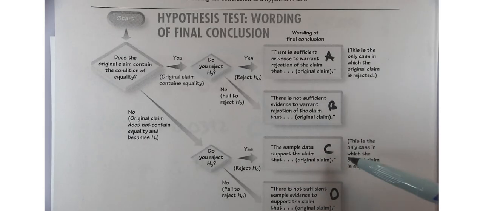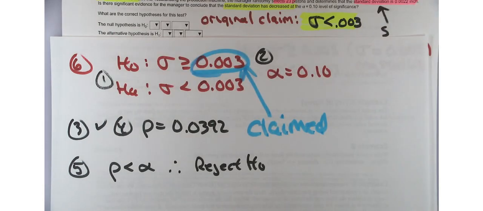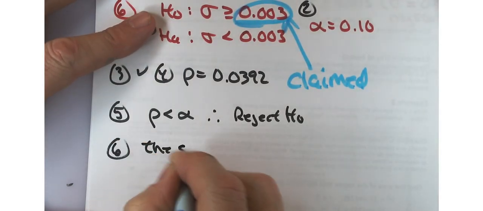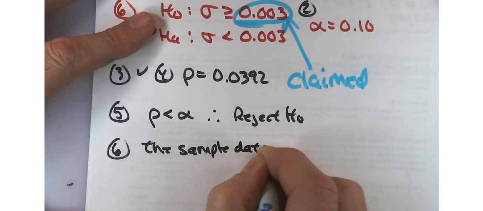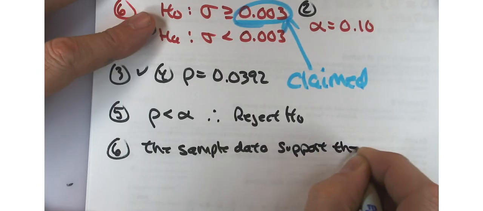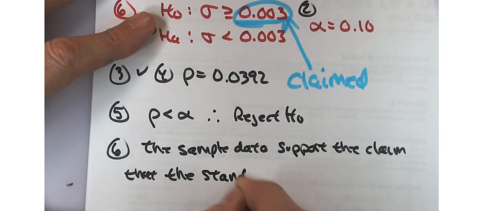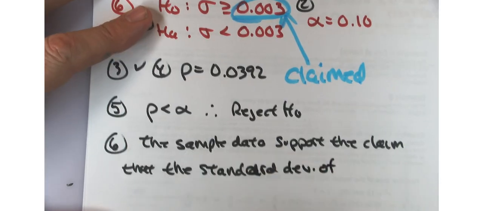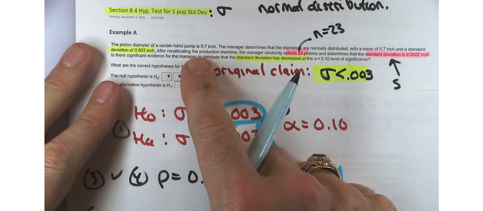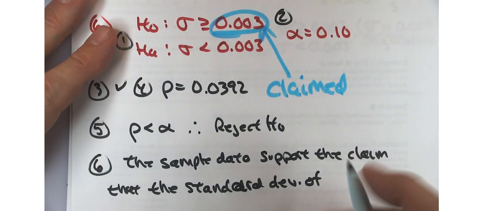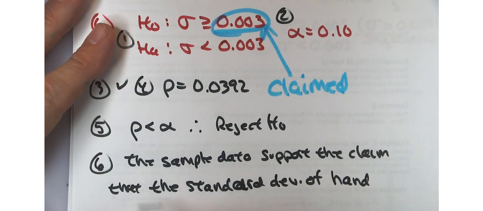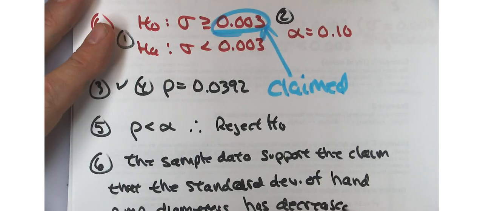So that brings us to C. The sample data support the claim that the standard deviation of hand pump diameters has decreased.